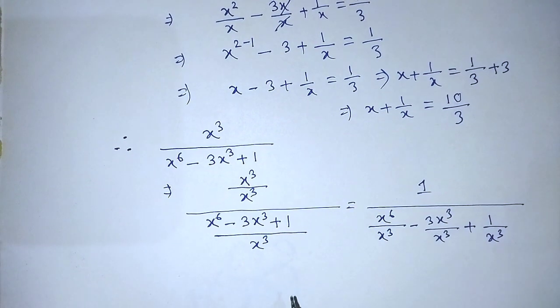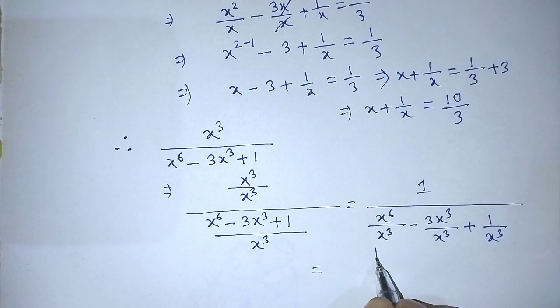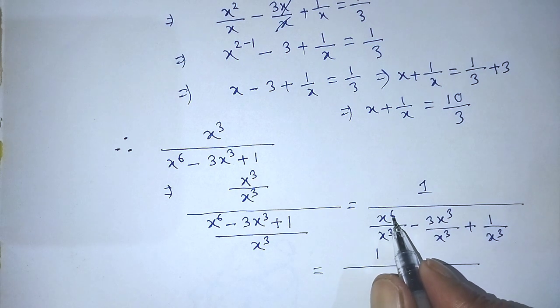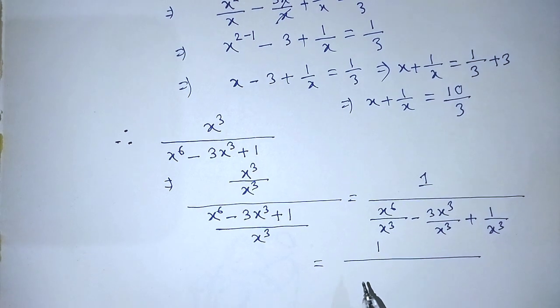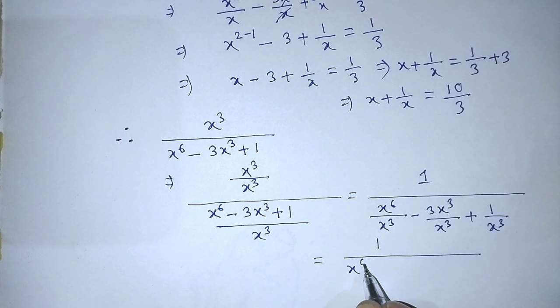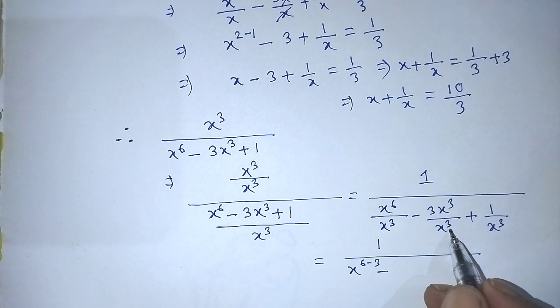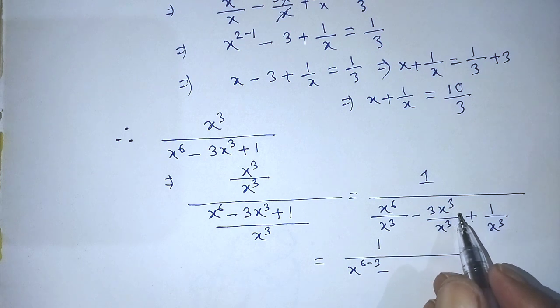So now we can write 1 over x to the power 6 over x to the power 3, so x to the power 6 minus 3, minus, we can cancel x to the power 3 from numerator and denominator.